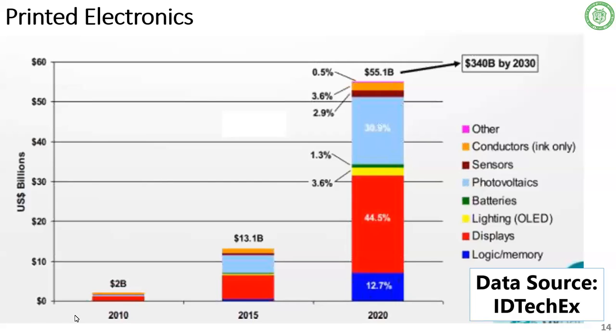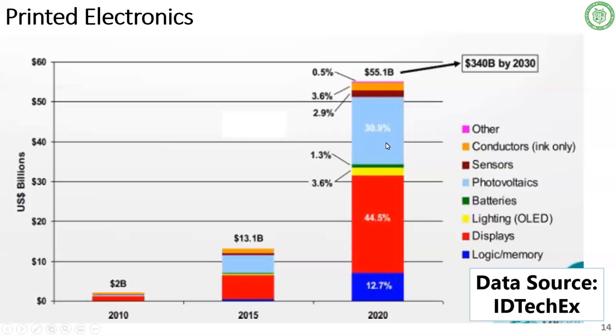In 2010, printed electronics was only a 2 billion market. Then in 2015, it is roughly around 13.1 billion. In 2020, it is 55.1 billion market. And by 2030, according to IDTechEx, that will become a $340 billion industry.